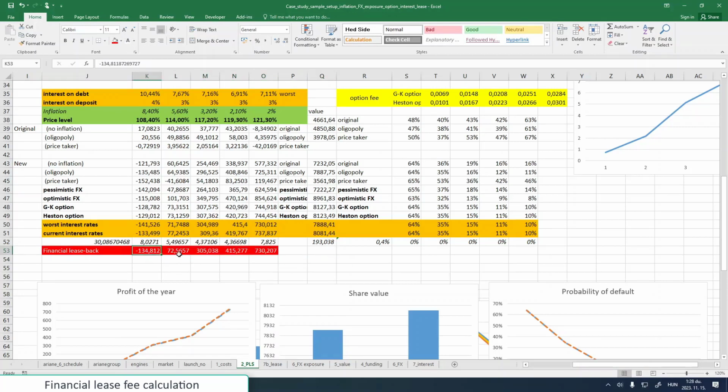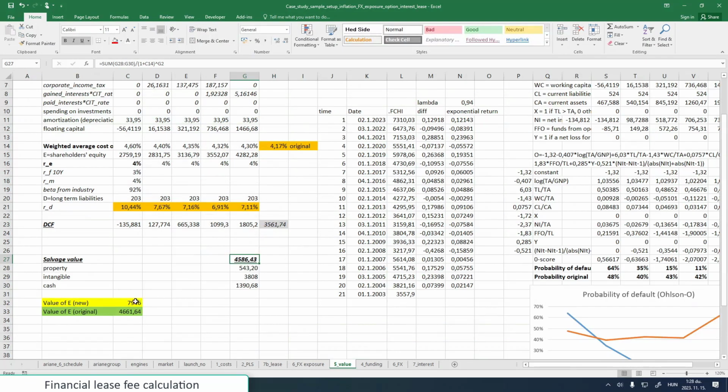Was it changing? Not so much. Or at least I cannot see that it creates any drastic movement in the profit. Let's see the value.